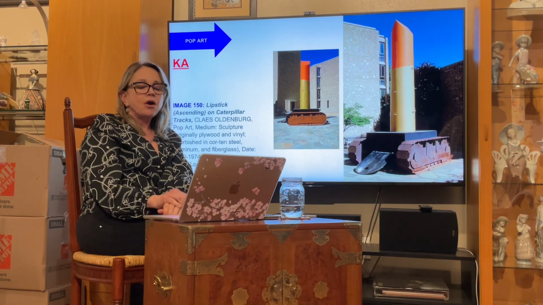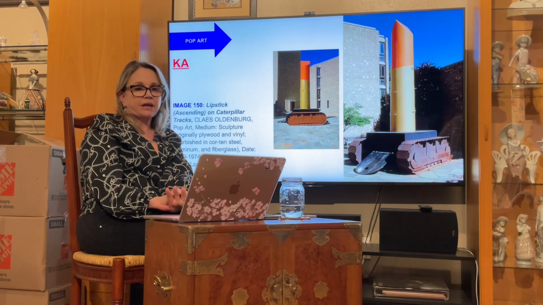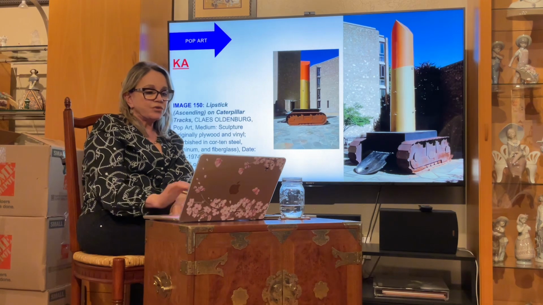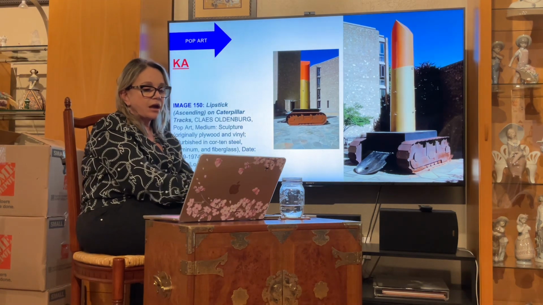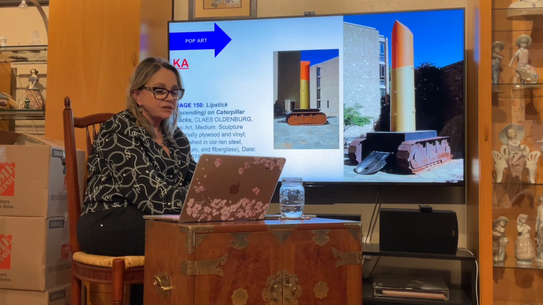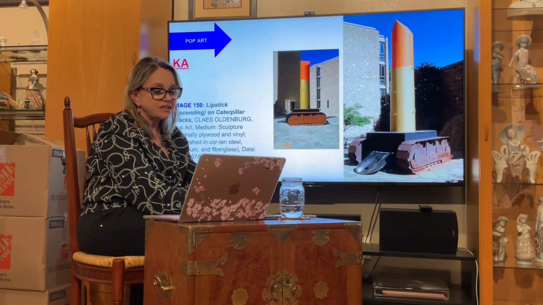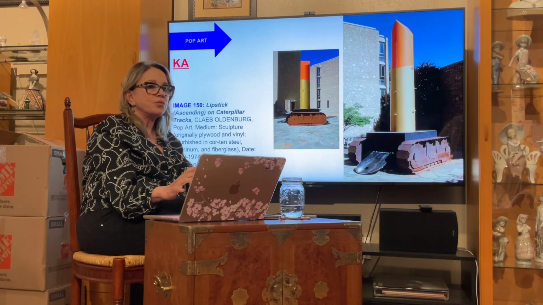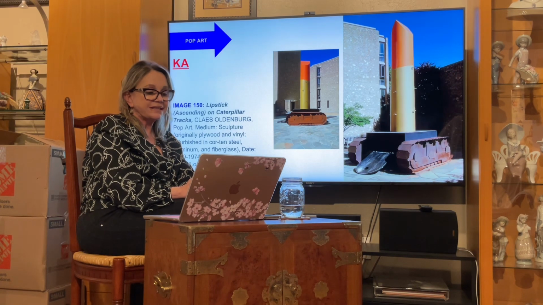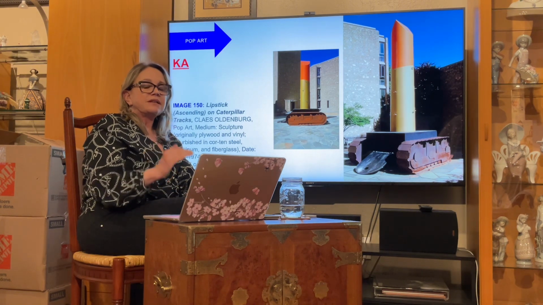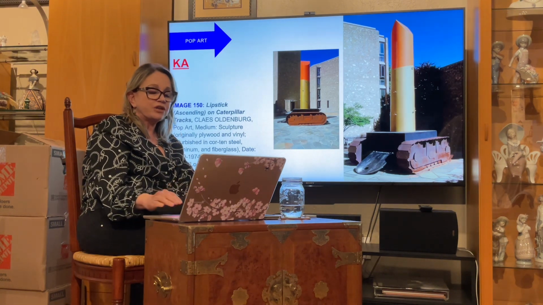He would take ordinary objects and create large sculptures of them. So this sculpture was originally created with plywood and vinyl, and then it was refurbished in Cor-Ten steel, aluminum, and fiberglass. So this creation went on from 1969 to 74, and that's because there were various iterations of this.